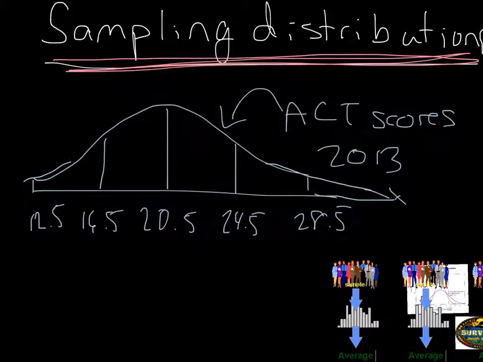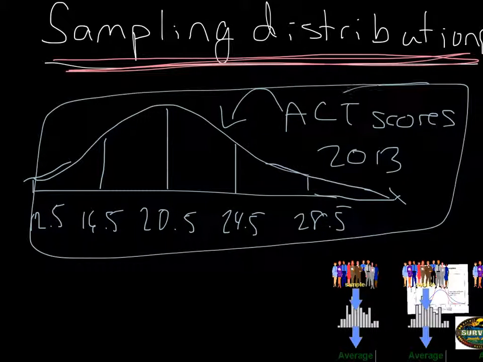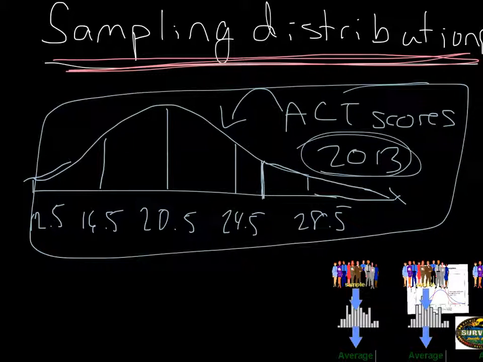But the key is that this is a distribution of everybody individually. These are the individual ACT scores as they're distributed, and then you would find probabilities within this. Let's say you want to know the probability of a randomly selected person that took the test in 2013 scoring a 26 or more. You'd find this area using normal CDF or looking it up on a chart, whatever floats your boat.